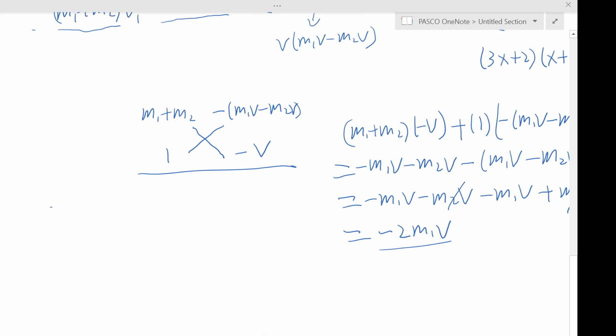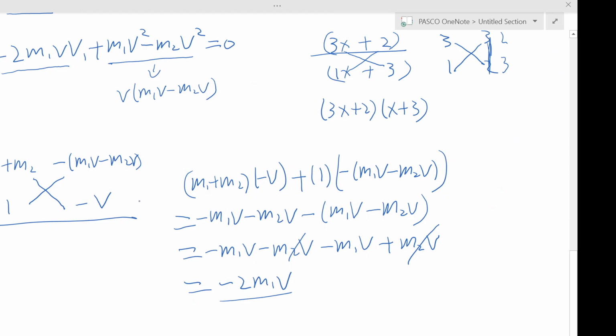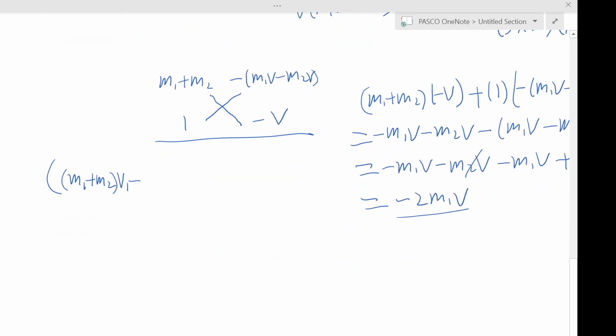And that also means this gives us the answer. So m1 plus m2 would be one of the coefficients of v1, and minus m1v minus m2v.